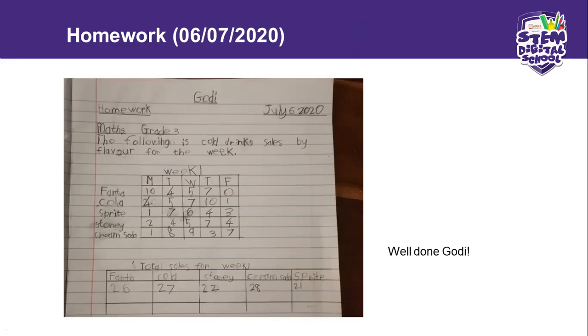Now let's see the next one. He says it's cream soda. So you see that it's also important for you to read what the table is saying, because if you just add and you do not read, you will end up with incorrect information.